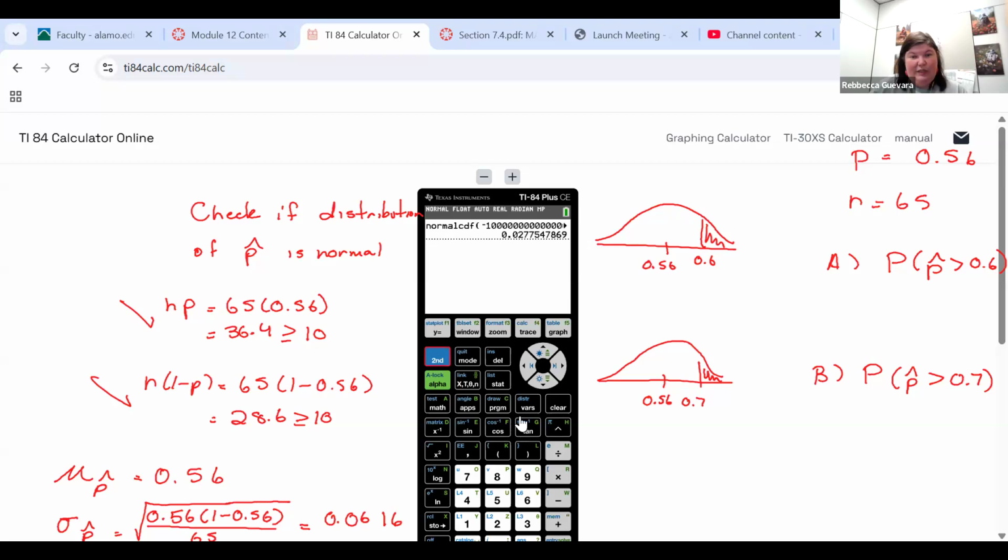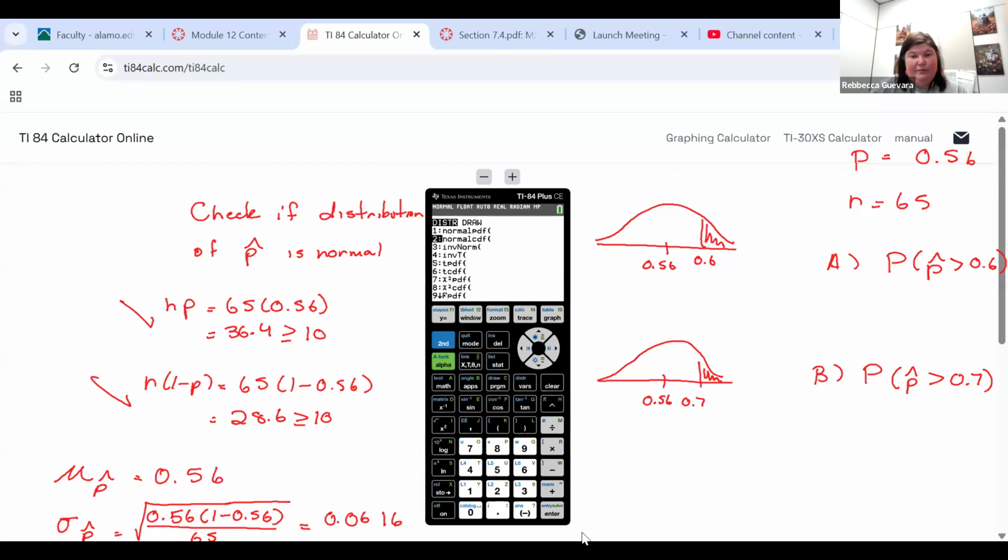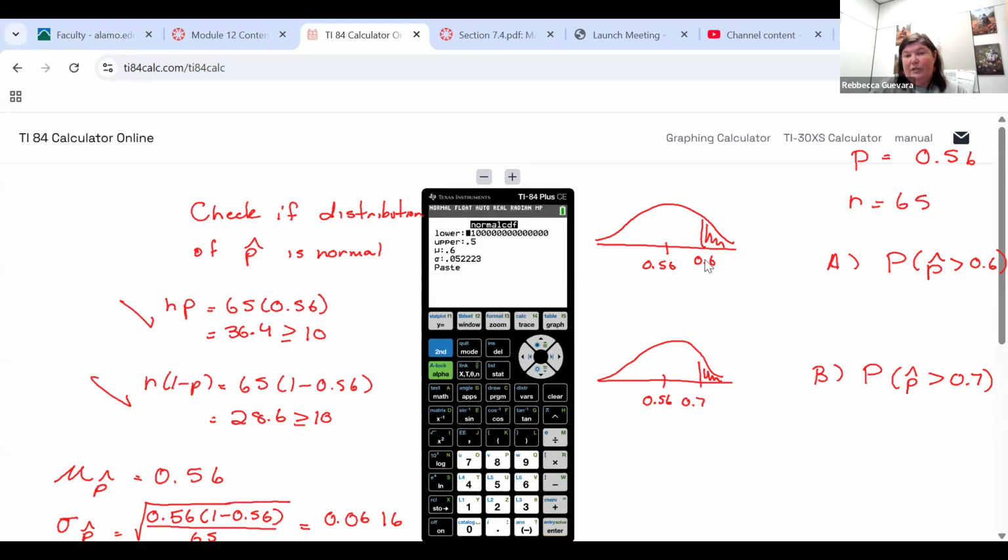So go to second VARS, go to number 2. We're going to see for A, we're bound at 0.6 and then go to infinity, so 1 followed by as many zeros as we possibly can. The mean is going to be 0.56. The standard deviation is 0.0616.